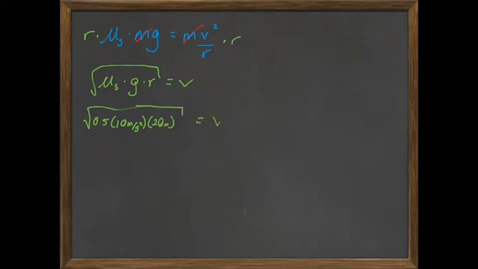So effectively then, the velocity has to be no bigger than 10 meters per second. Again, if the velocity is any bigger than this, we will slide away from the circle.